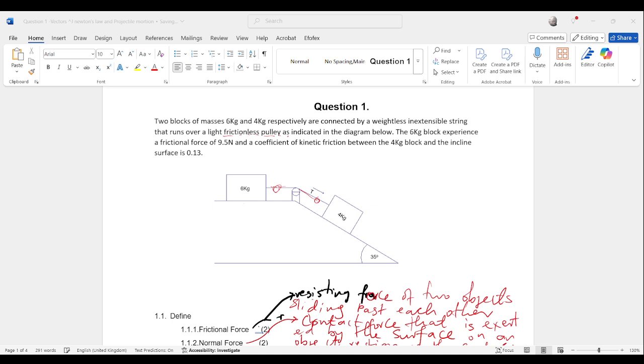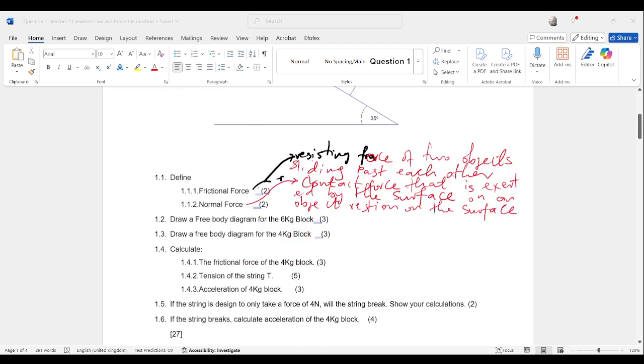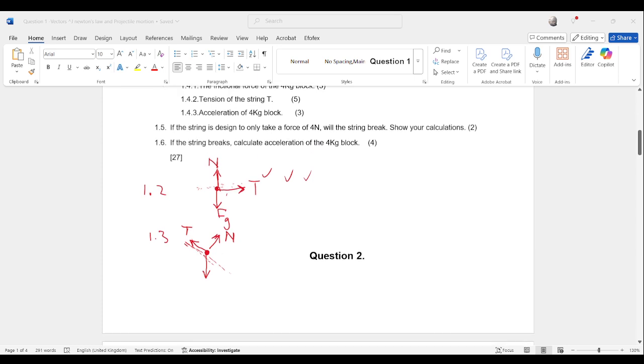You must just cram it. It is what it is. Whenever you see a frictionless pulley, you must understand that the tensional force will flow. Okay, these are the two free body diagrams.